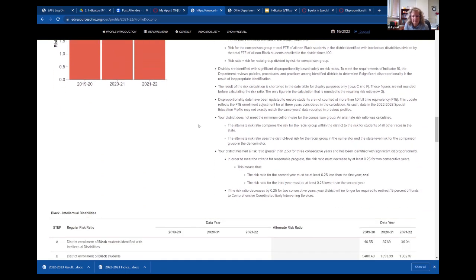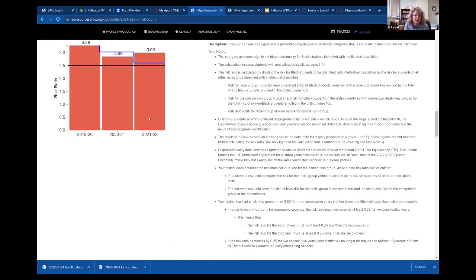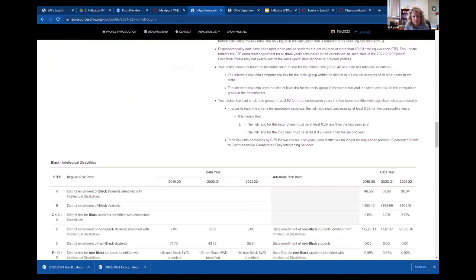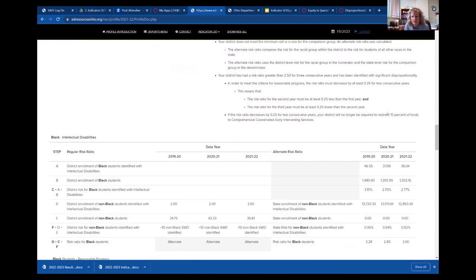And then it goes on to clarify in order to meet the criteria for reasonable progress, we're looking for 2.5 for 2 consecutive years decrease. And so that's kind of what this blue line then is representing as we're looking for that decrease of 0.25. So that's just a little bit about the calculation itself.